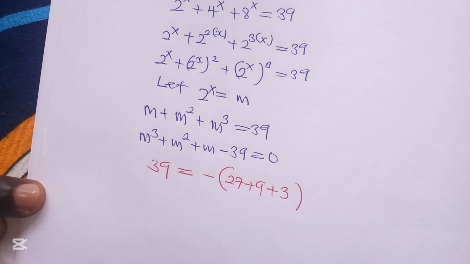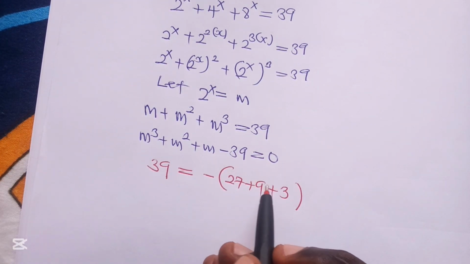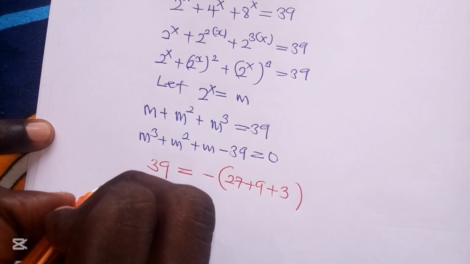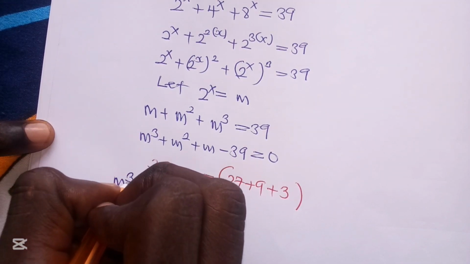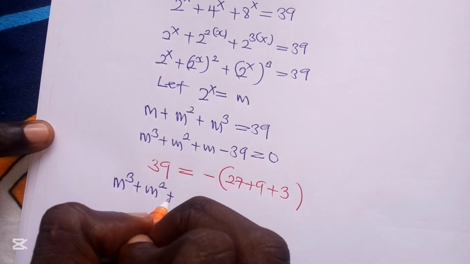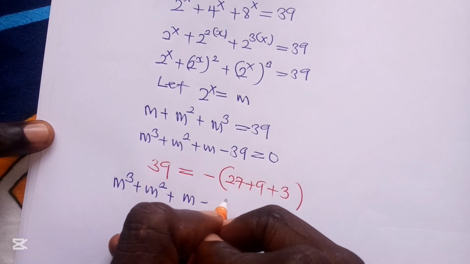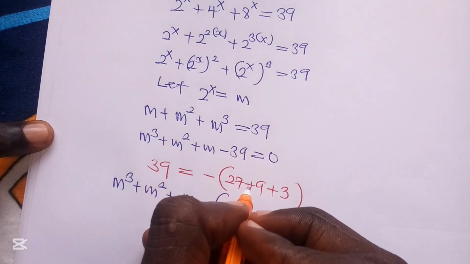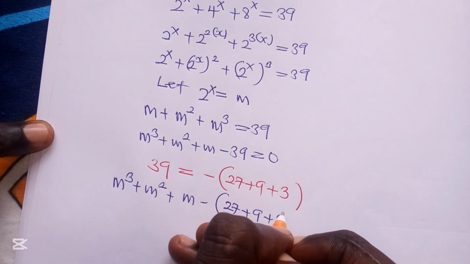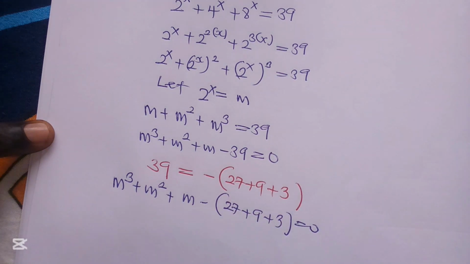So we write m cubed plus m squared plus m minus, instead of 39, 27 plus 9 plus 3, and everything equals 0.